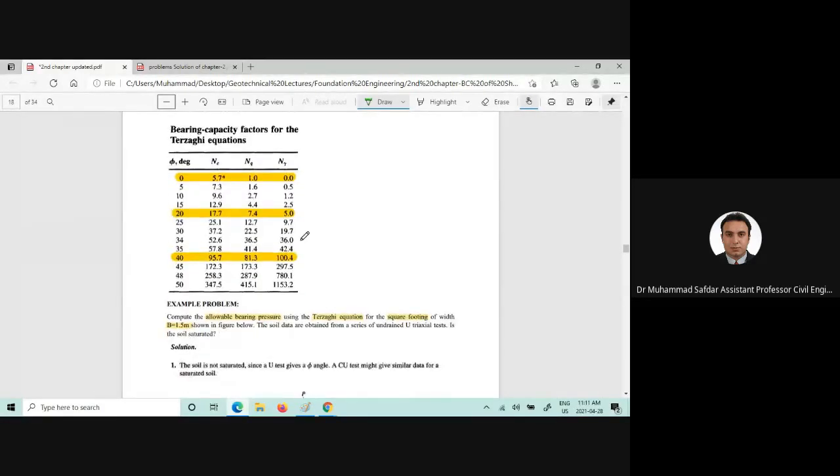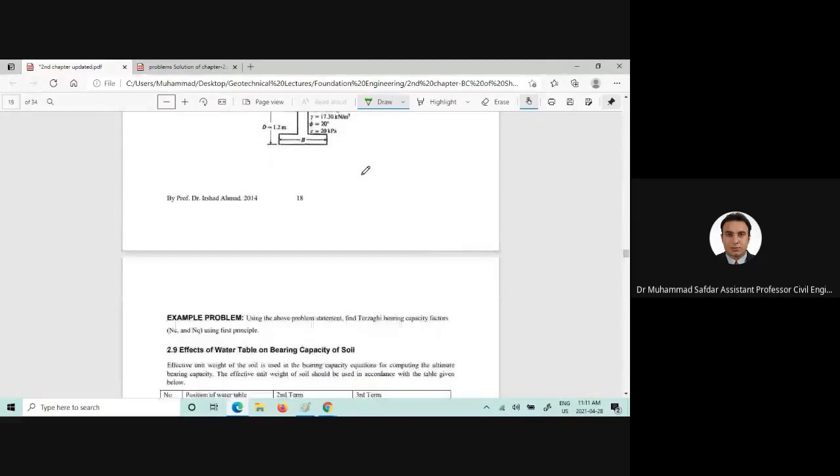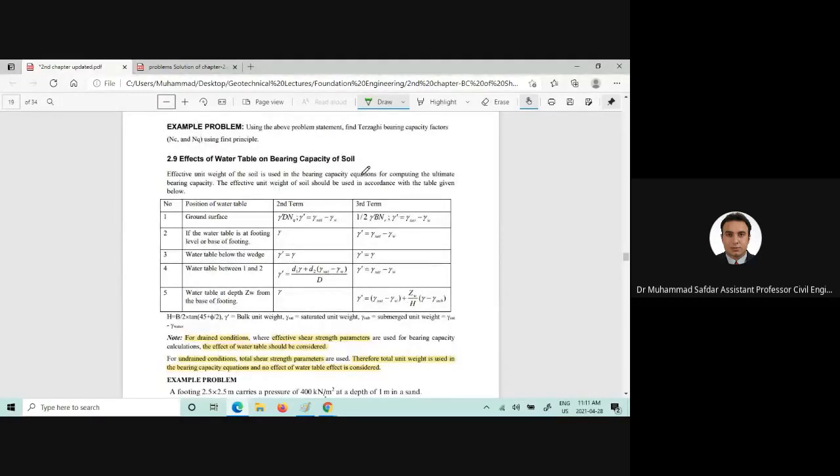You can also take a screenshot or a picture of this table as well, which will give you the bearing capacity factors for Terzaghi's equation, because we are going to use this table in today's lecture.